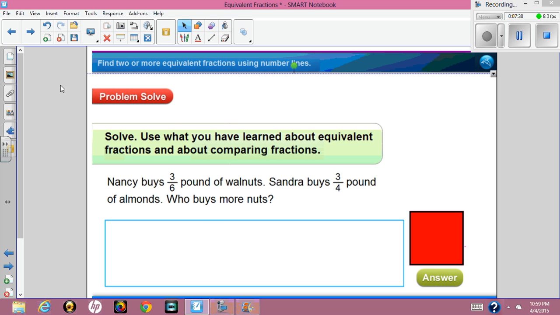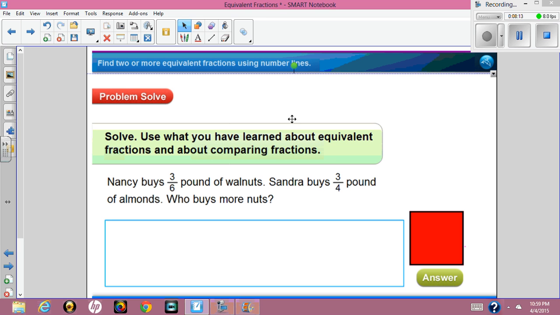We could simply draw a bar. We could use some fraction circles. But remember what we know about the numerator and the denominator. The denominator identifies how many parts of the whole it is divided into, and the numerator identifies how many parts are present.